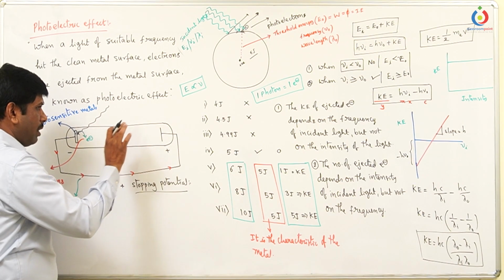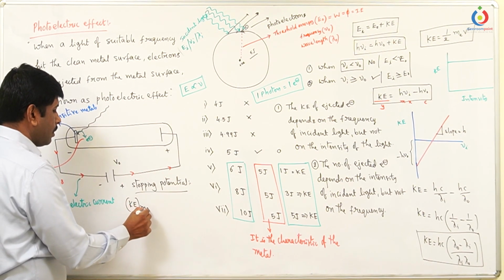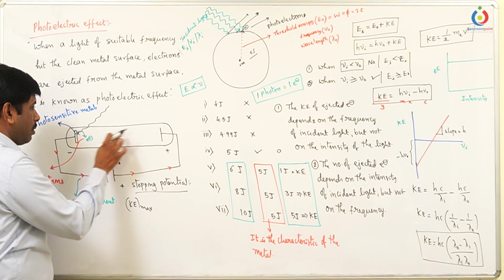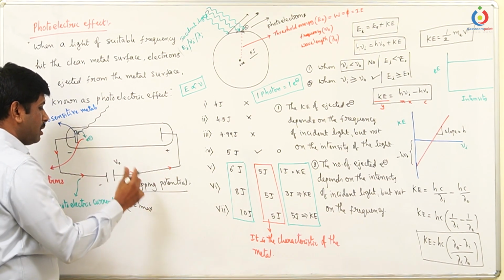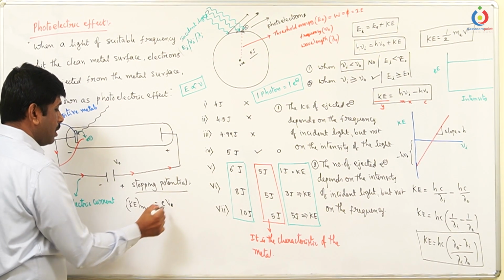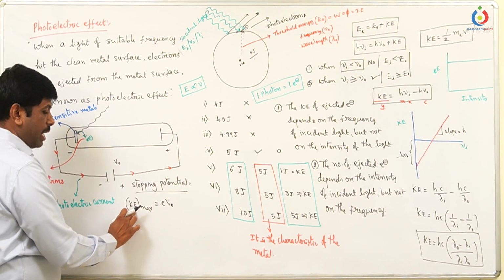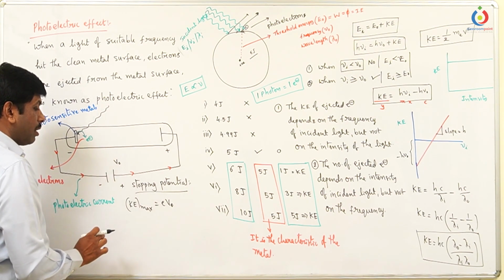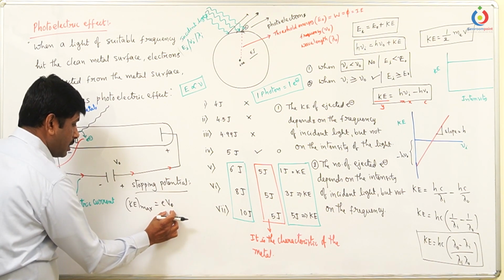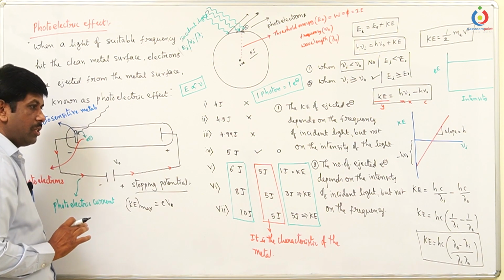Electrons are already traveling with some kinetic energy, that is kinetic energy maximum. We want to stop this electron from reaching the anode by applying some potential difference, that is eV0. V0 is the potential voltage you are applying against the charge. So maximum kinetic energy equals eV0. When this much potential difference is applied, it will stop the electron so that its speed becomes completely zero.